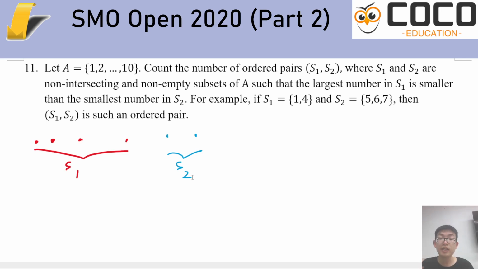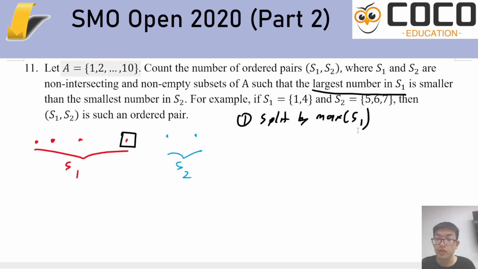And so I will suggest a couple of ways that you can handle something like this. The first way is to decide on the largest number in S1. So split by the largest element of S1.